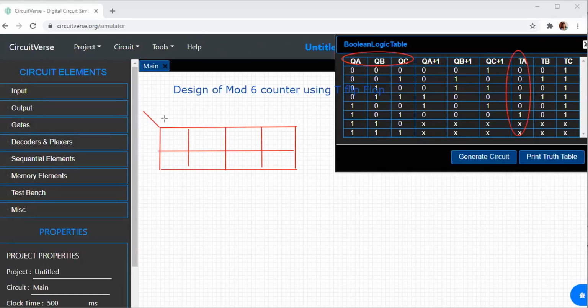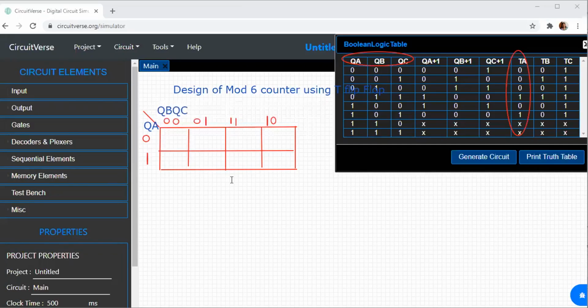So this is 0, 0. This is 0, 1. This is 1 and 1 according to the K-map, and this is 1 and 0. I have 0 over here and I'll be having 1 over here. Now if I plot the K-map, here it is QA, and on this axis I'll be having QB and QC.